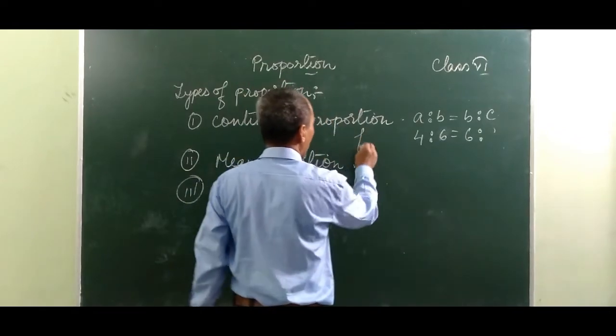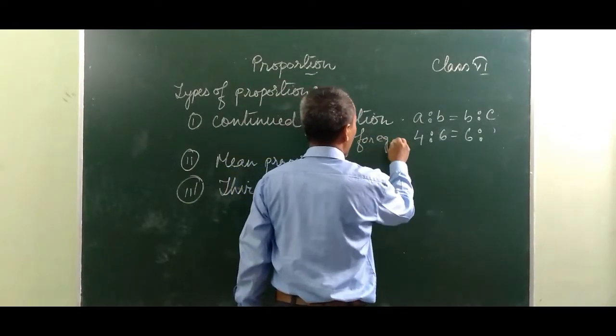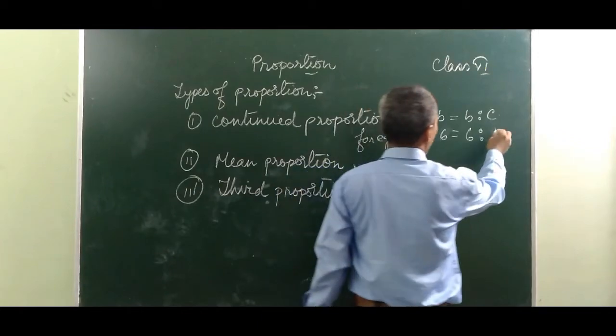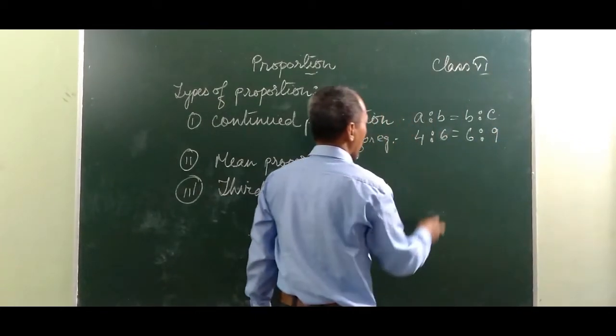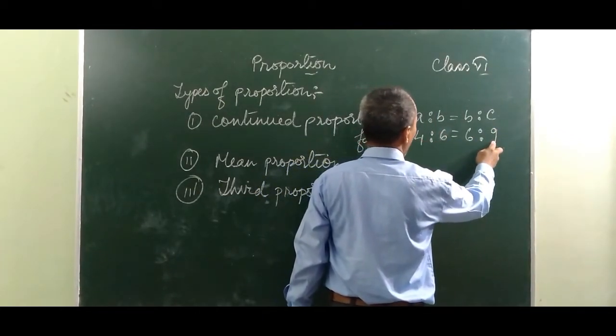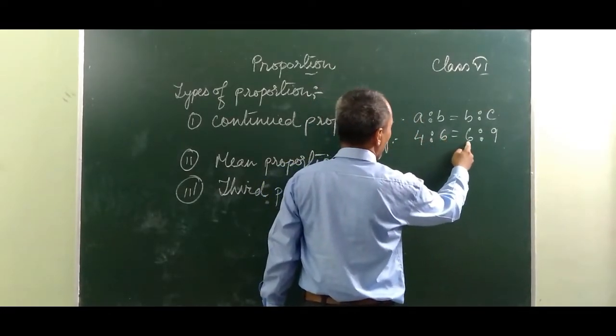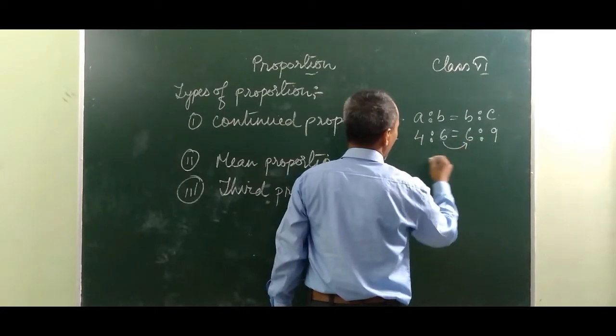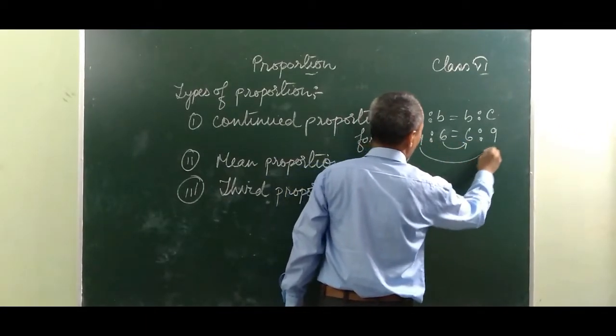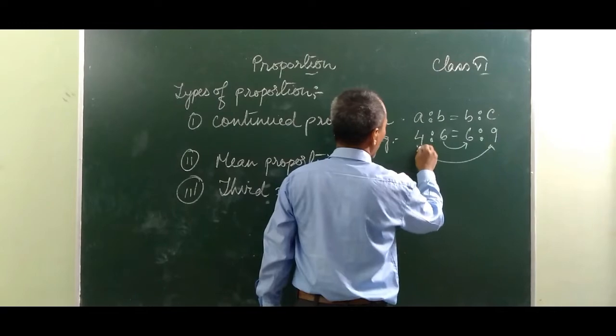For example, here 4 is to 6 equals 6 is to 9. So we will see how they are in continued proportion. Here we multiply these two terms, and then multiply these two.